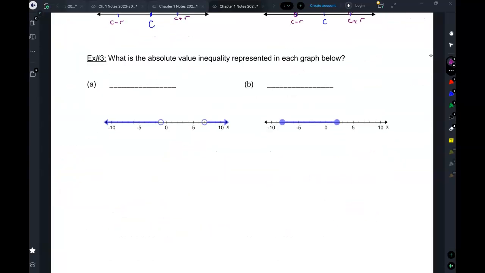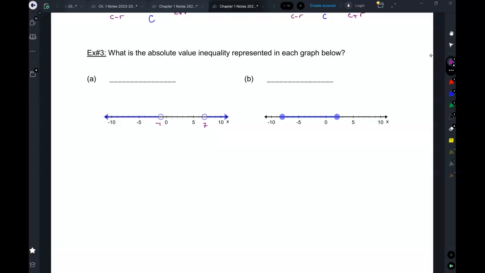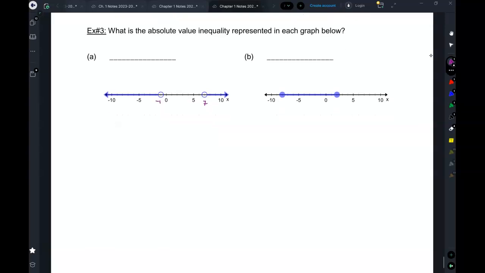So here, take a look at this number. This is negative 1. This is 7. Back from your geometry days, we need to find the midpoint of this. How do you find the midpoint? You add them and you divide by 2. So in this case, the midpoint will be 3. That's your c.